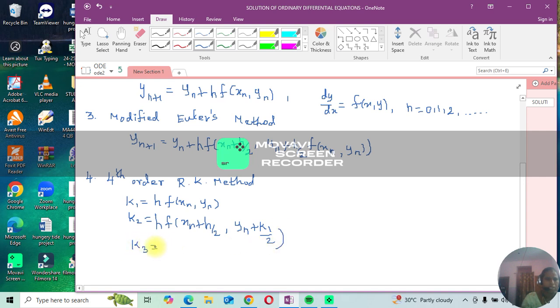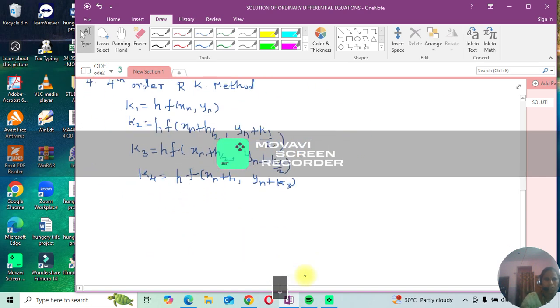Then k3 is h into f of x(n) plus h by 2, y(n) plus k2 by 2, and k4 is h into f of x(n) plus h, y(n) plus k3. So we need to find all these 4 k values.